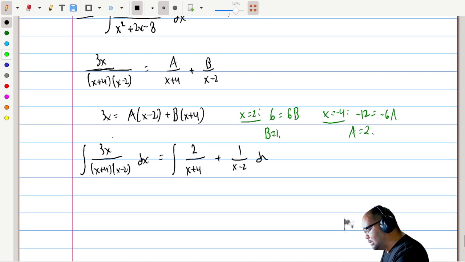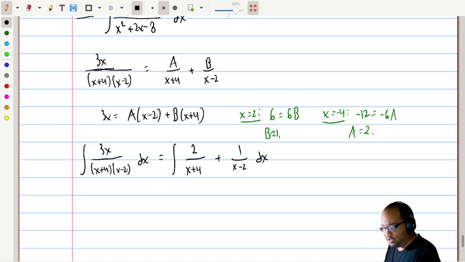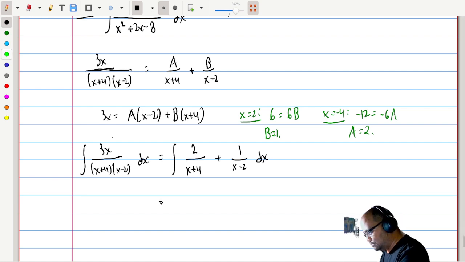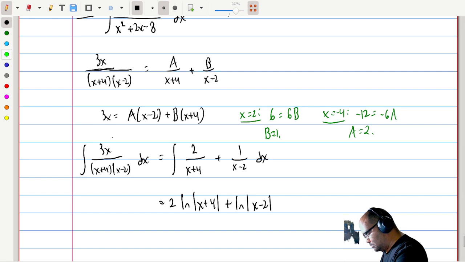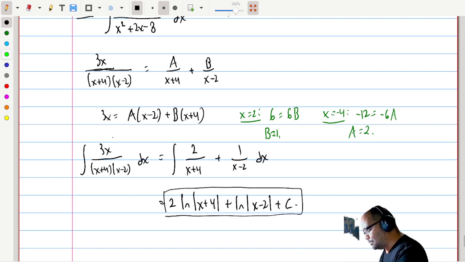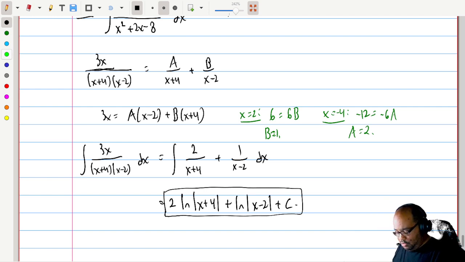This is just a linear combination of integrals that come out to be logs. And don't forget the absolute values, kids. I'm going to leave it like this. I don't have to combine the logarithms. Okay, but the only hard part in partial fractions is just doing the algebra, getting the decomposition done.